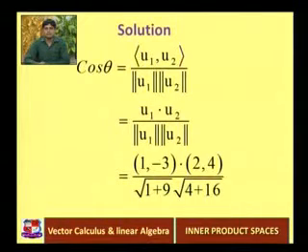Similarly, the norm of u2 is the under root of 2 square, that is 4, plus 4 square, that is 16.